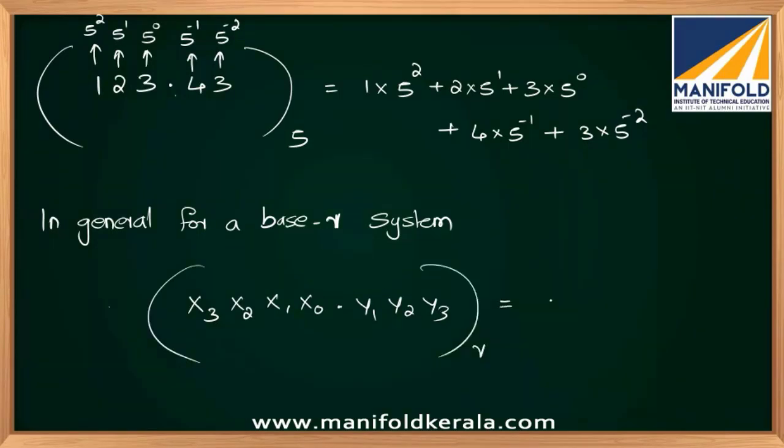How do you convert this to decimal? What are the positional weights?